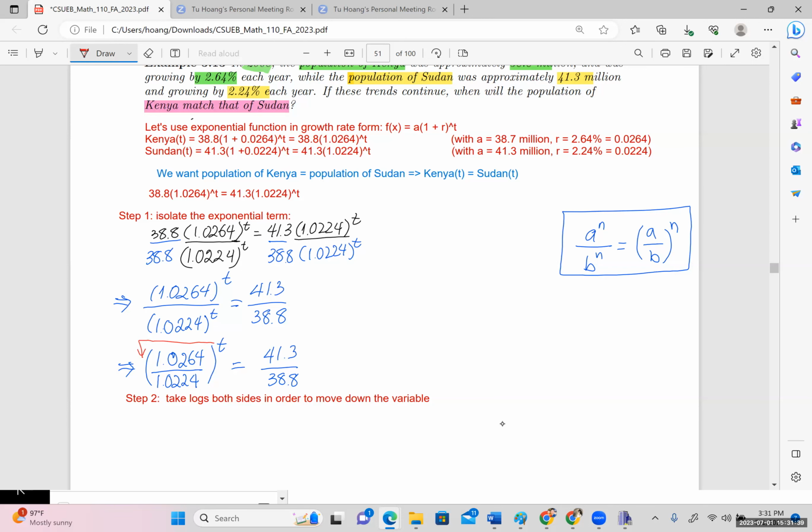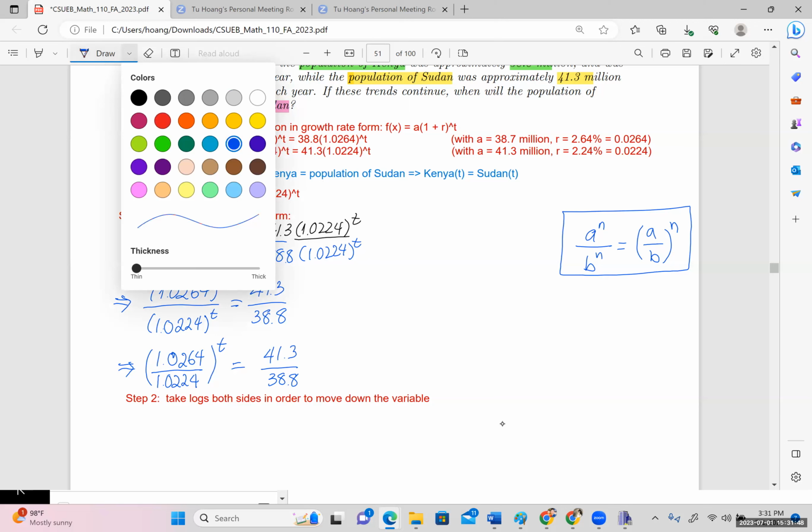If you want, I can do that right now, but I have to do log of both sides first. So let's do log of both sides.